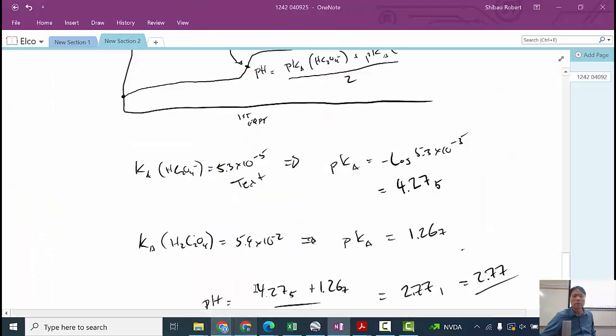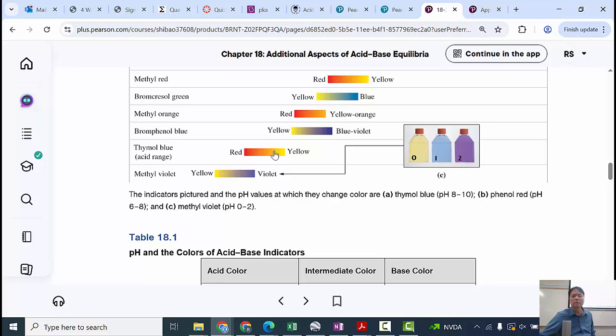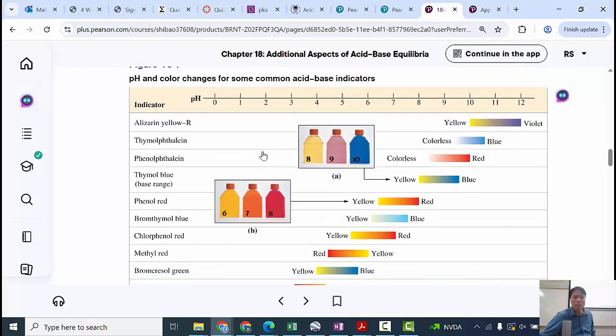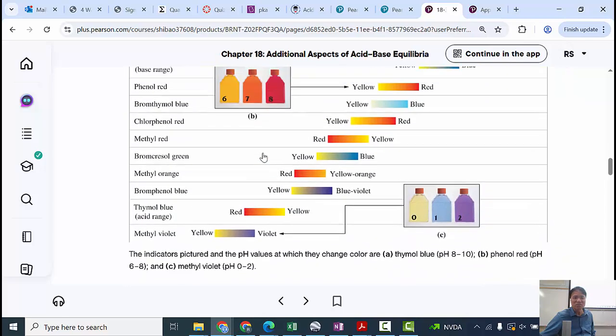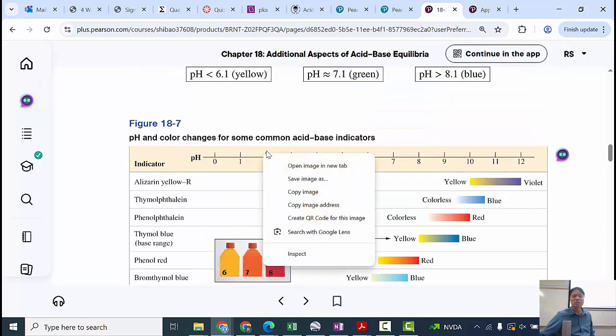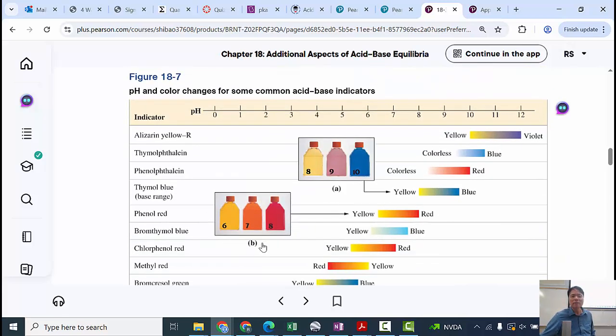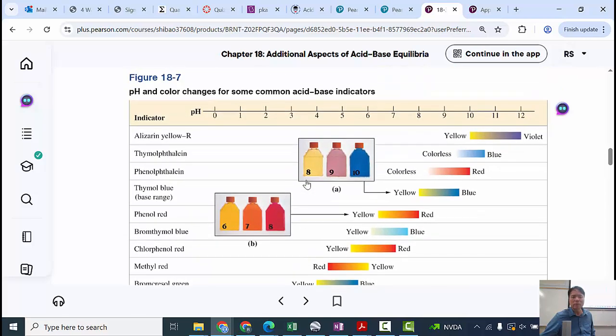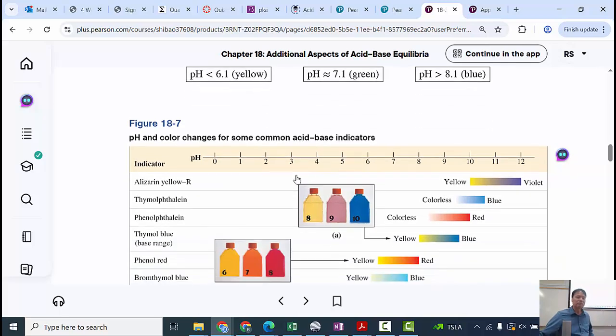This indicator changes color at about 1.9. Around 2, just slightly less than 2. And this indicator, bromphenol blue, changes color around 3.7. And so around 2 and around 3.7.